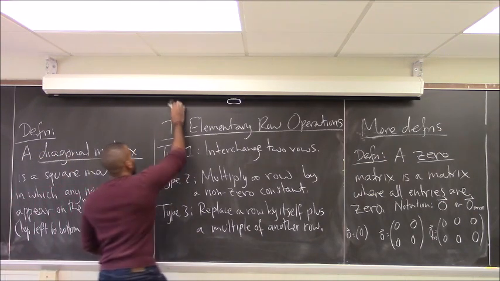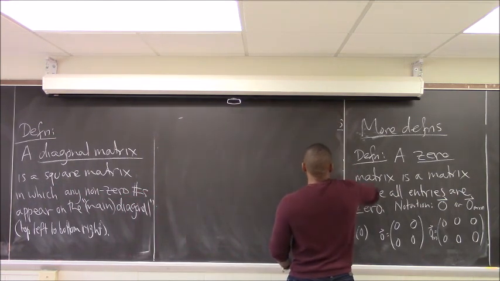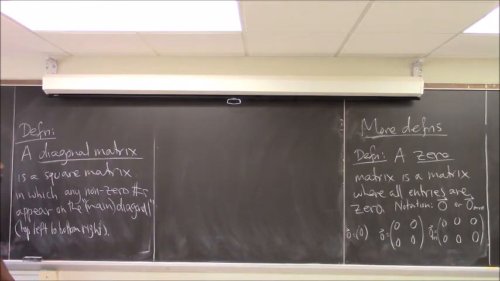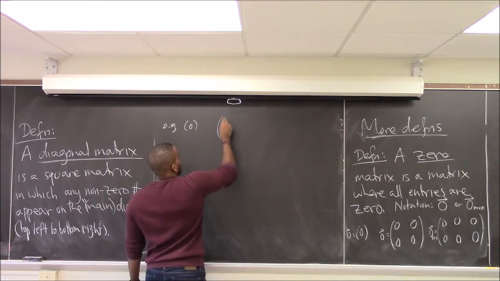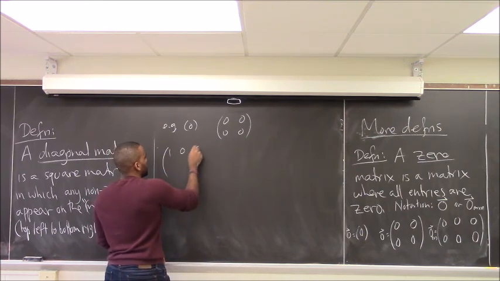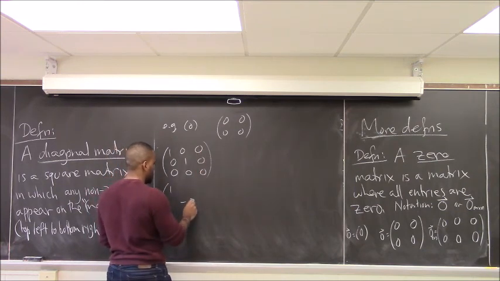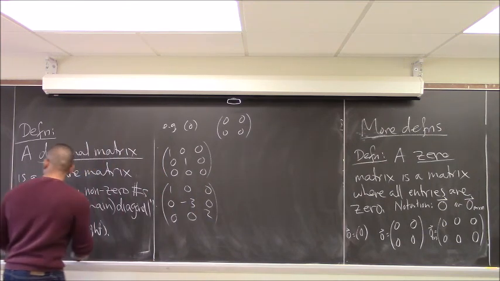So, what are some examples of diagonal matrices? Well, pretty much any square zero matrix is automatically a diagonal matrix. So that's a diagonal matrix. That's a diagonal matrix. That's a diagonal matrix.